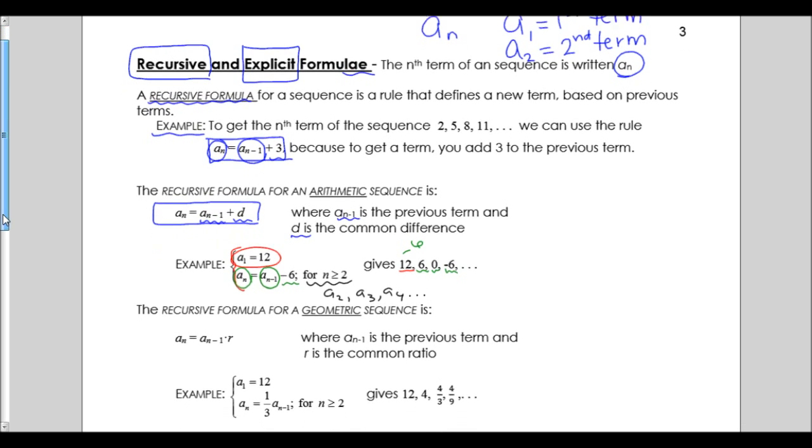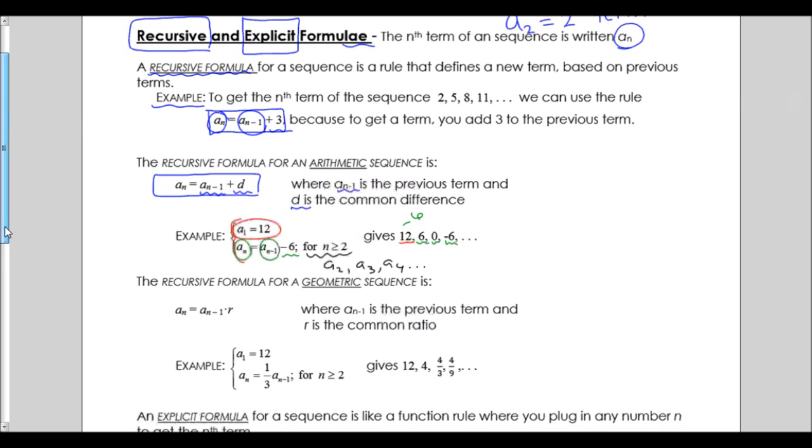If we want a recursive formula for a geometric sequence, the difference would be that every time to get the next term, we're going to multiply by the common ratio rather than add the common difference. So the only difference between these two formulas is whether you're adding a number or multiplying by a number. So here's our example. Again, we started out with a sub 1 equals 12, which tells us the first term of the sequence is 12.